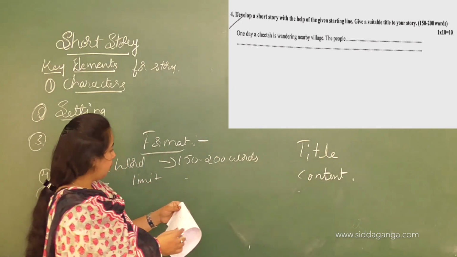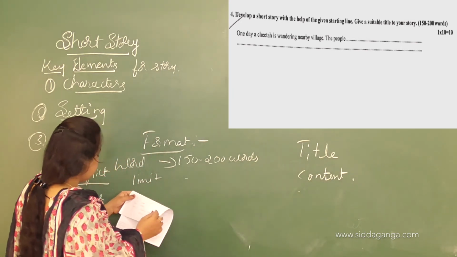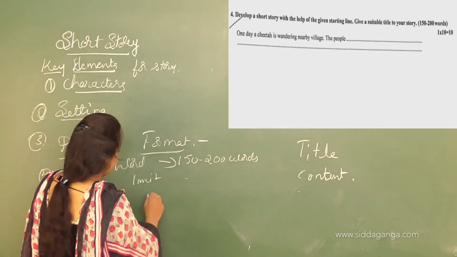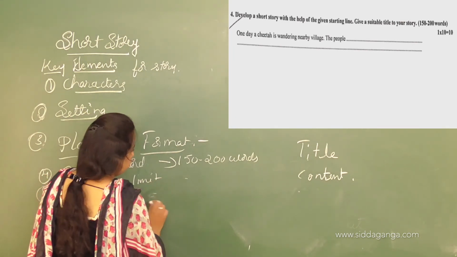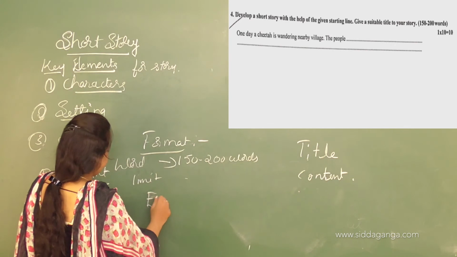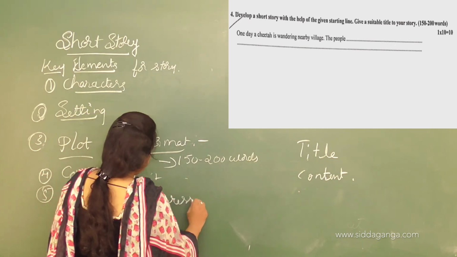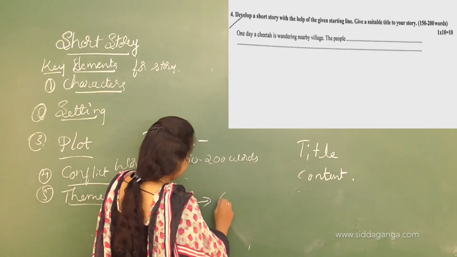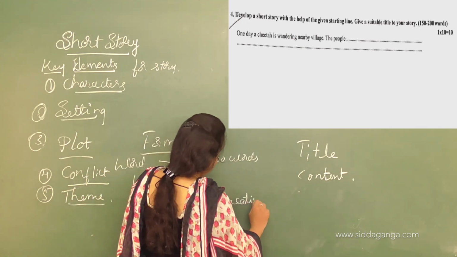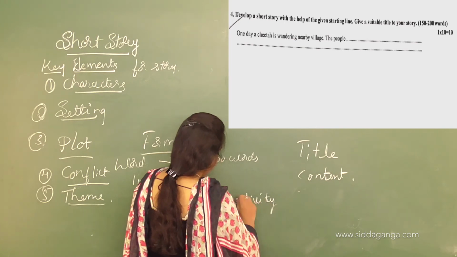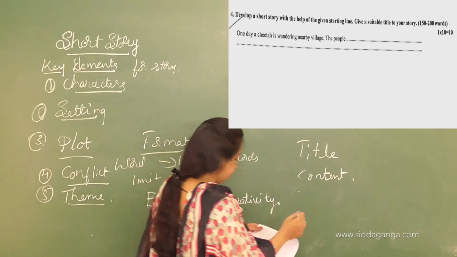The next one is expression. After the word limit and the format comes the expression. Expression is about creativity, how you are creating the story, and that depends on you.